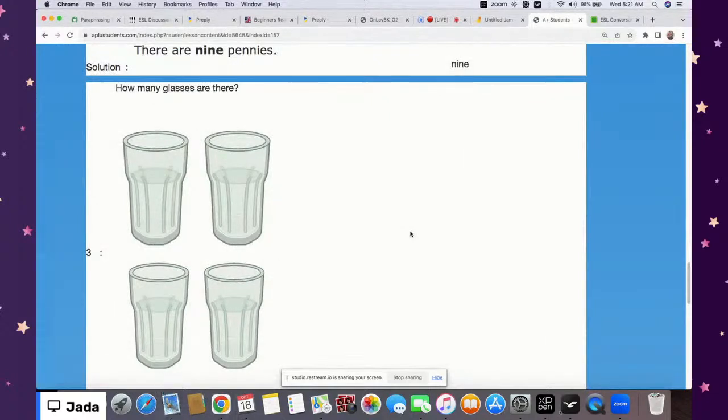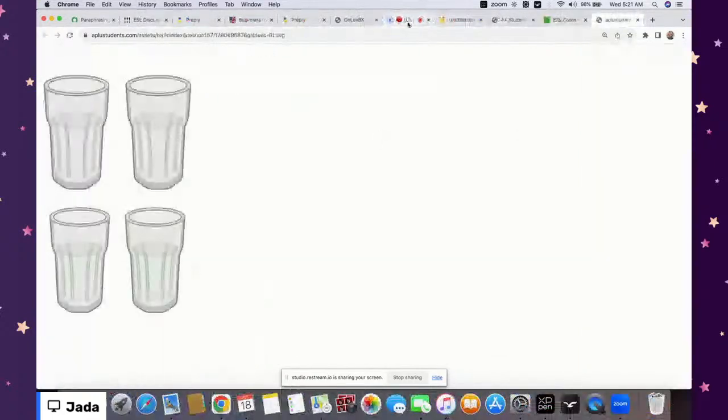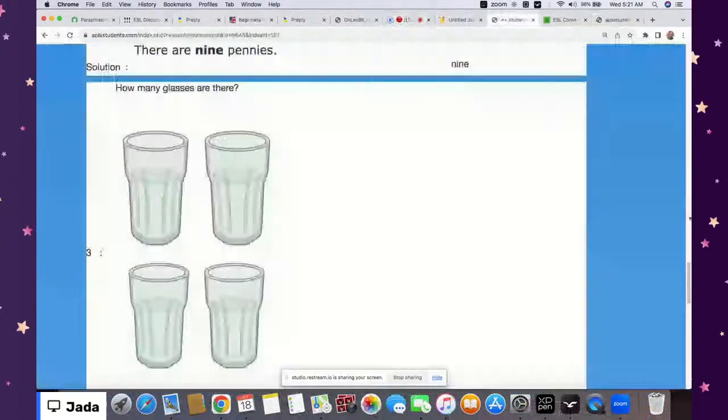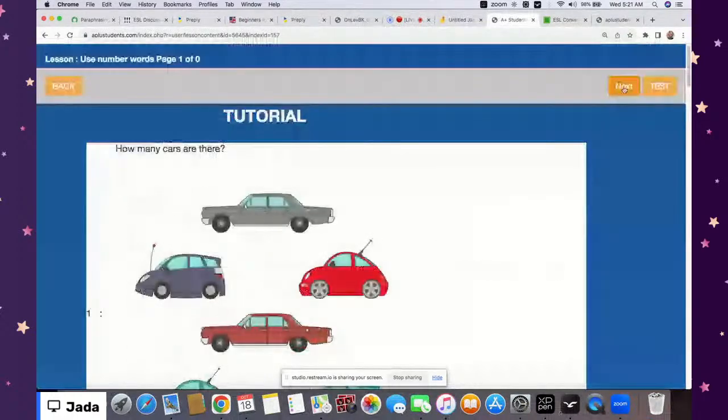Four glasses. Okay, so we have four glasses. So yeah, that's it. All right, so that's it for this adjective. It's always gonna tell you how many. Okay, so how many things can you see from the picture?